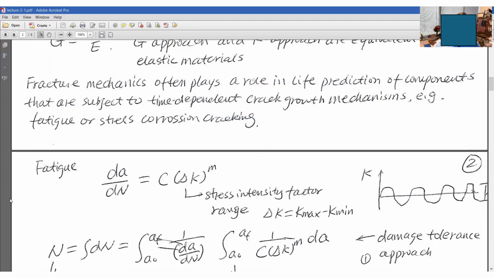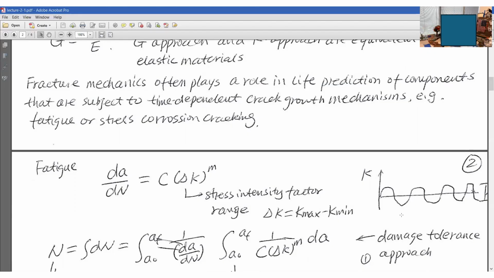This is for fatigue, where a is the crack length, N is the number of cycles, and C and m are material properties; different materials have different C and m values. And delta K is the stress intensity factor range.